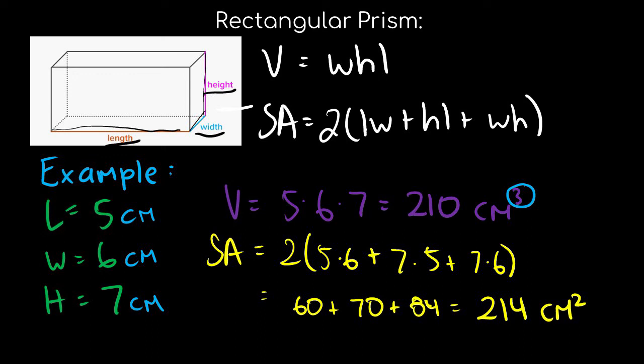So 2 times 5 is 10, 10 times 6 is 60, 2 times 5 is 10, and 10 times 7 is 70. 2 times 7 equals 14, 14 times 6 is 84. If you add all of these, we get 214 centimeters squared.